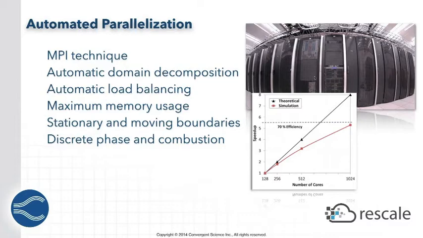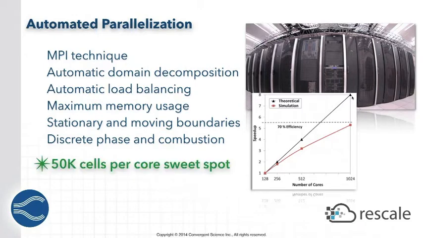Converge is automatically parallelized using the MPI technique with automatic load balancing. What we found is that 50,000 cells per core is a sweet spot for Converge. For existing users, this can serve as a general rule of thumb when estimating how many processors a job will run on effectively.